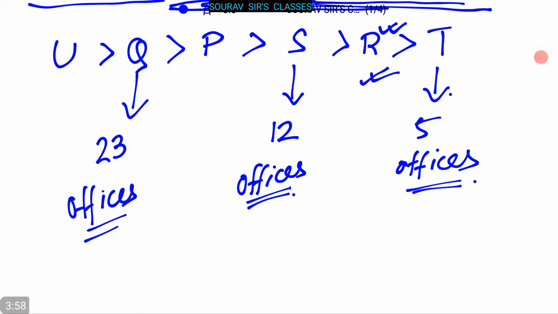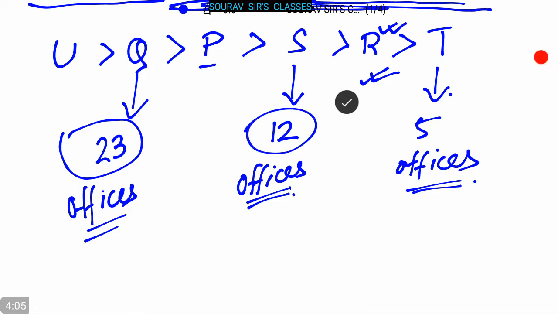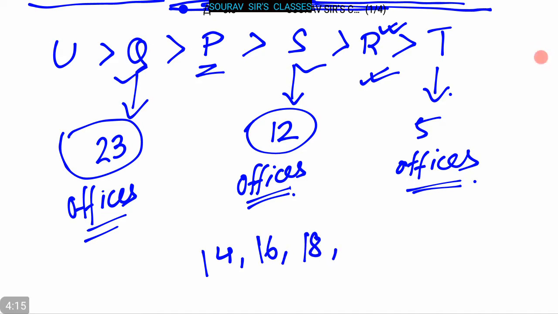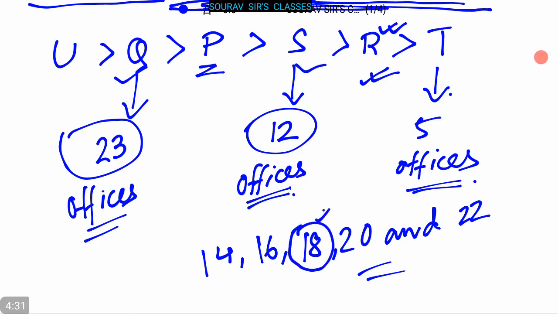Okay, so from this we can see that P is in between Q and S, so the even numbers between 23 and 12 are 14, 16, 18, 20 and 22. Hence here 18 is the only number that is divisible by both 2 and 3.